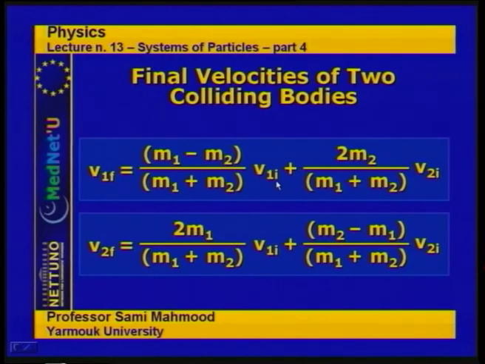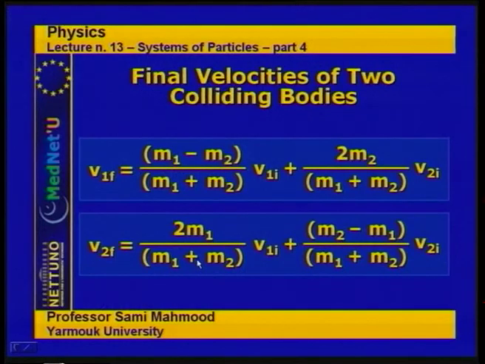The final velocity of the object as it strikes a massive object is equal to its initial velocity in magnitude, but in the opposite direction.